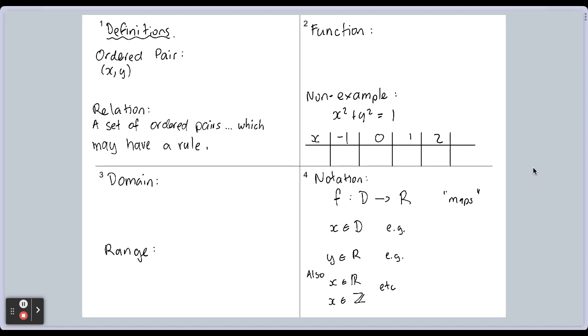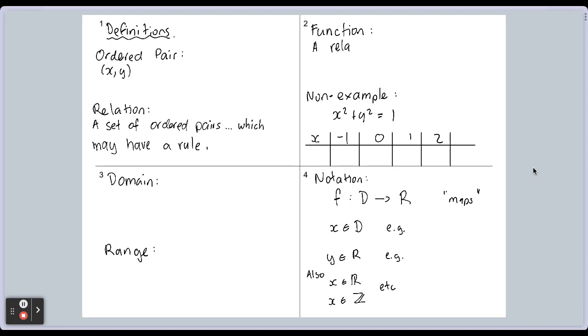A function is something we are familiar with. A function, no worries, is a relation. It's a special relation, effectively.